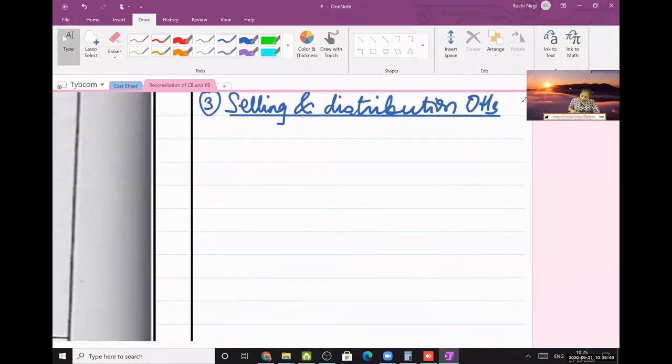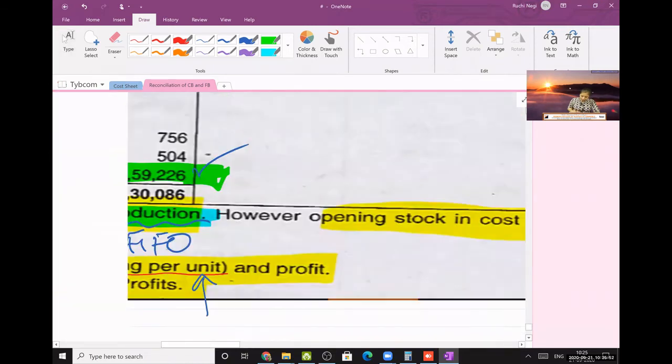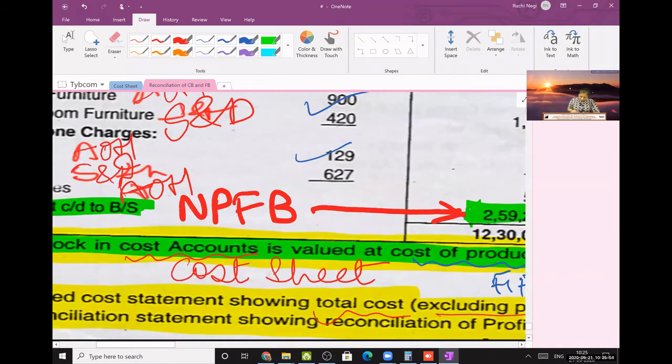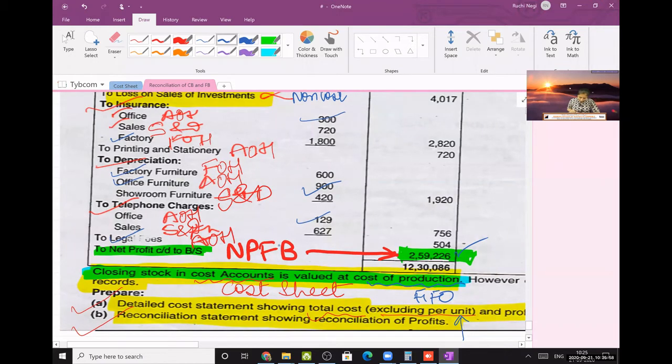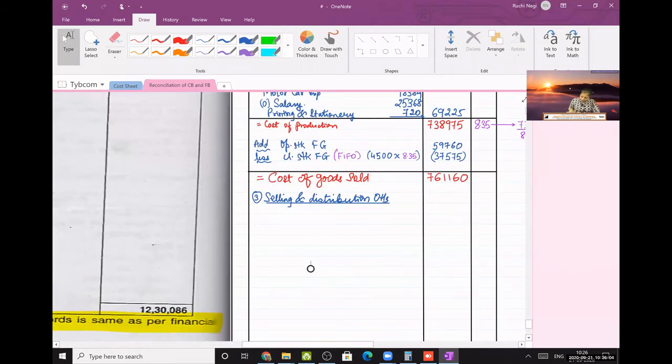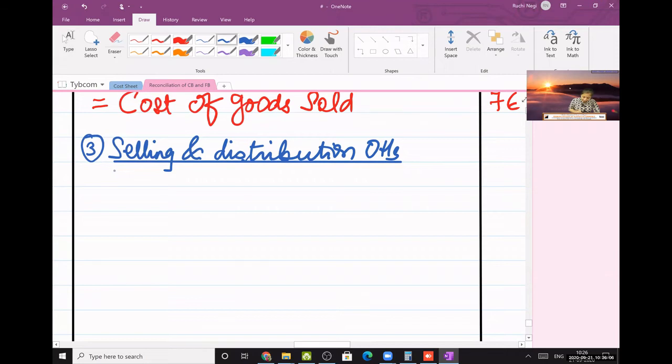Come to selling and distribution. In selling and distribution I have sales office telephone. Sales telephone charges 627. I will write that. Sales telephone expense 627.